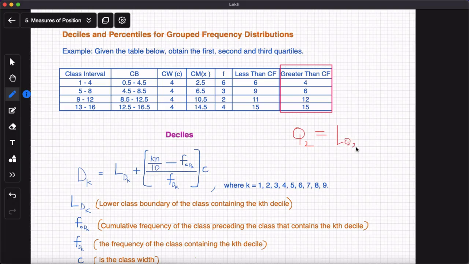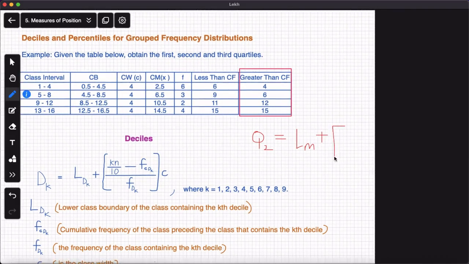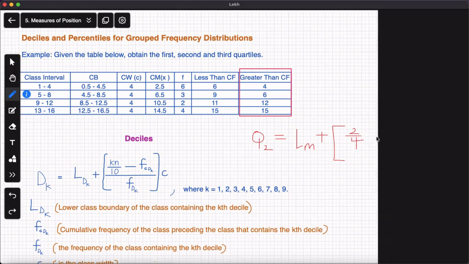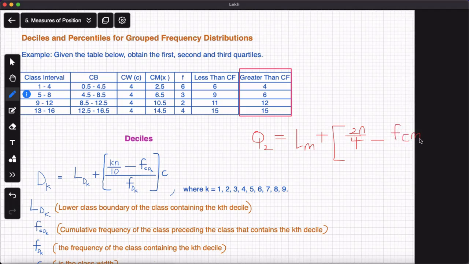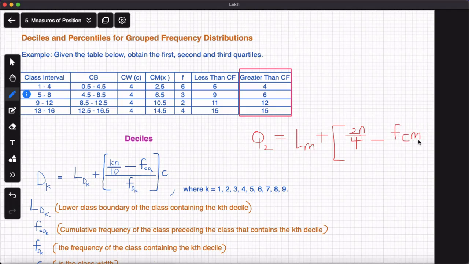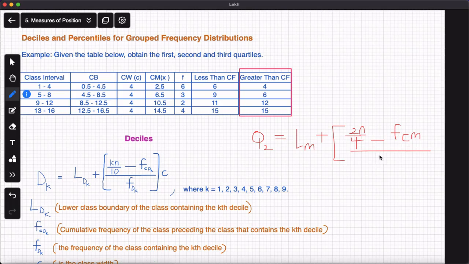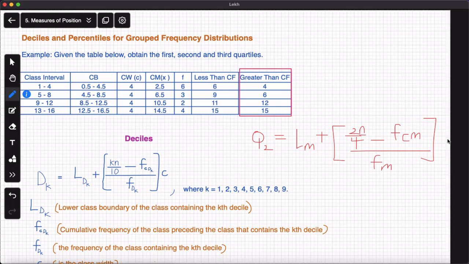You may write Q2 here, or you just write median, whichever one. I think I used median the other time, so let me just use median. So we have 2n divided by 4, which is the same thing, minus F_cm. Instead of using m here, I can use Q1 if I want to. Then I have f_m, or if you like Q1, multiplied by c.